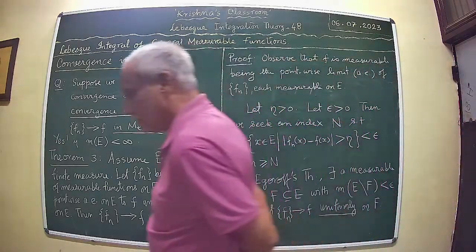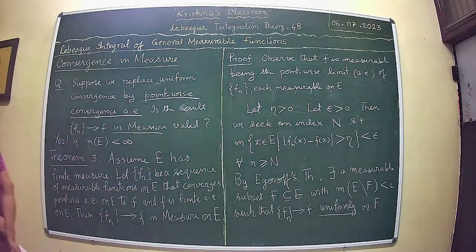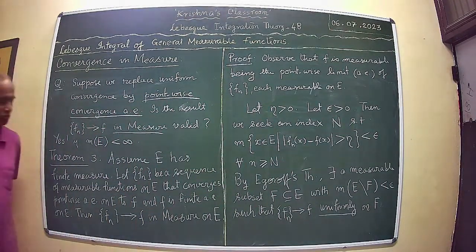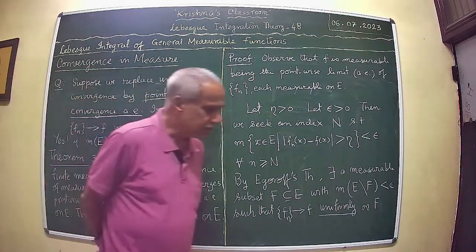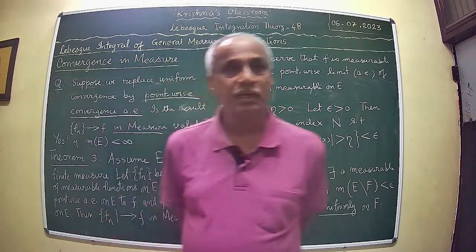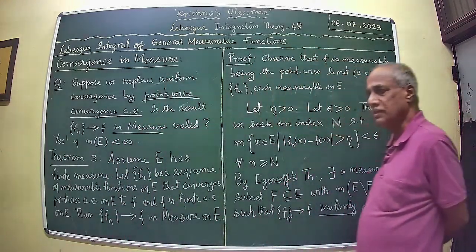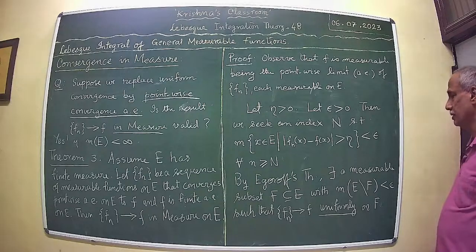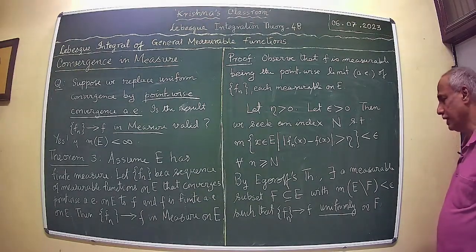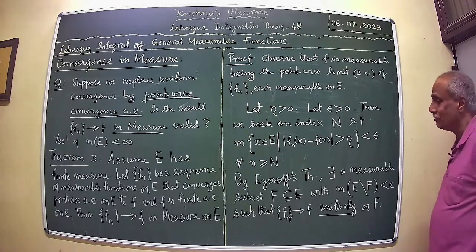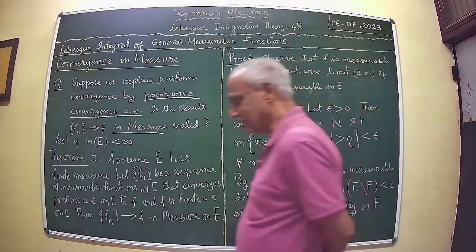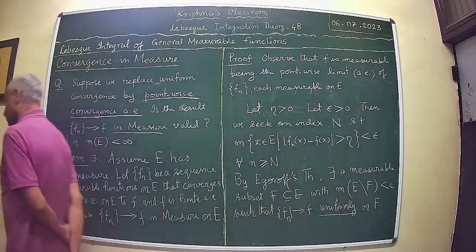What we have proved is that the pointwise convergence of Fn to F is nearly uniform convergence. This is the content of Egoroff's theorem.